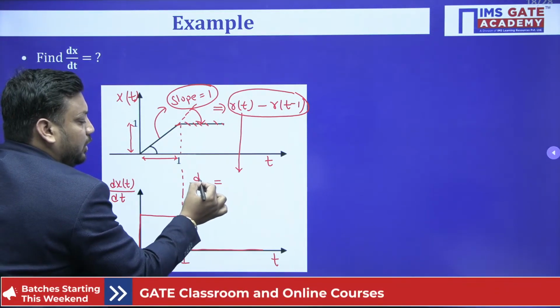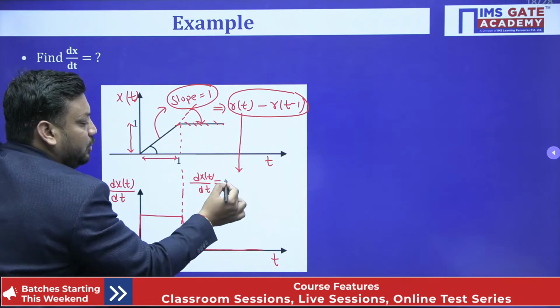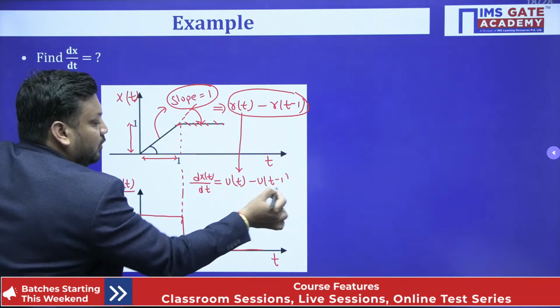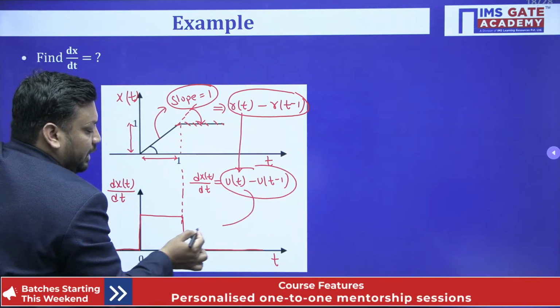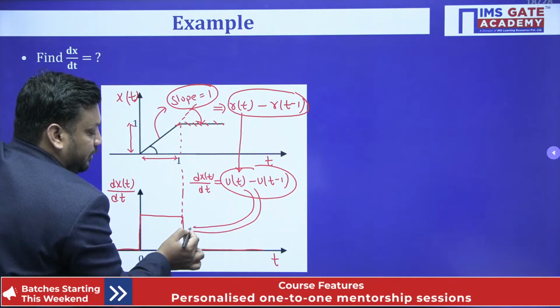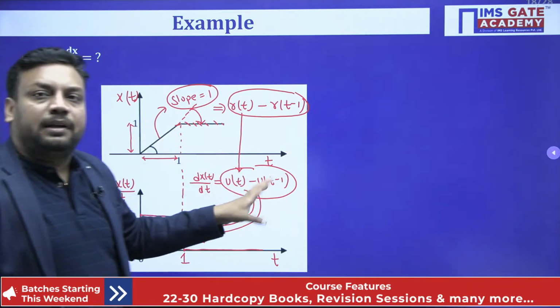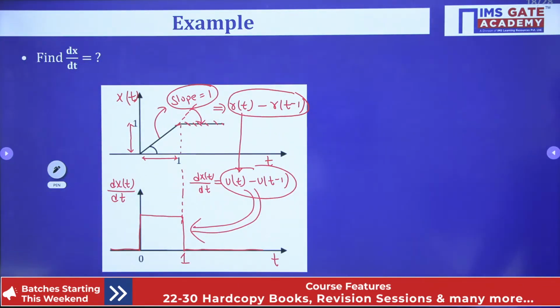By using it, if I want to differentiate, you know that in the differentiation r will be replaced by u. So in the mathematical equation you will get u(t) minus u(t minus 1), and the curve exactly satisfies the equation. So you can check by the mathematical equation and also go for the graphical approach.